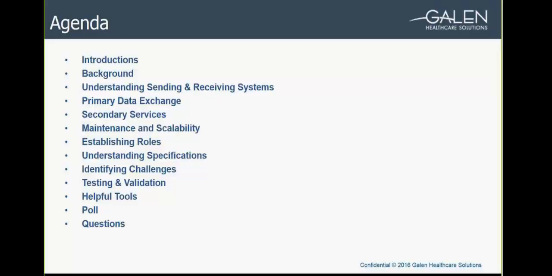Next we're going to talk about understanding your client base, so understanding your sending and receiving systems, as well as some key pieces to keep in mind when integrating with those systems. Next we're going to jump into primary and secondary services that an HIE can offer, talk a little bit about some things to think about regarding maintenance and scalability, and then going over the roles for implementation.